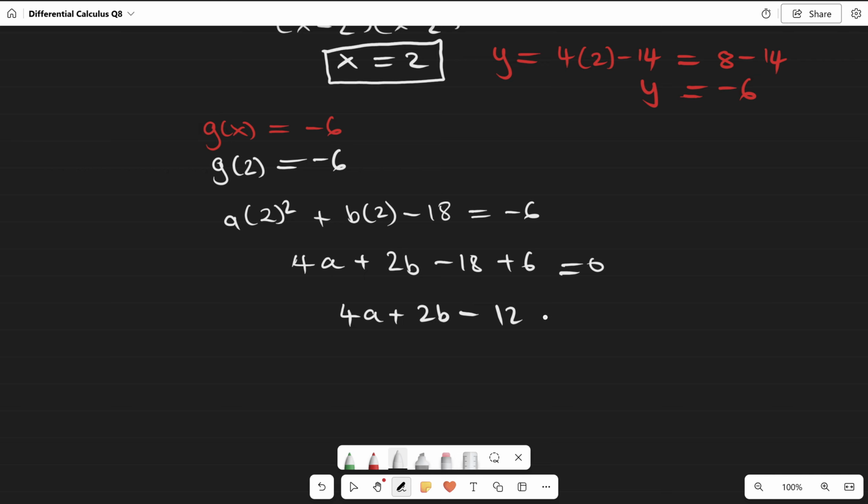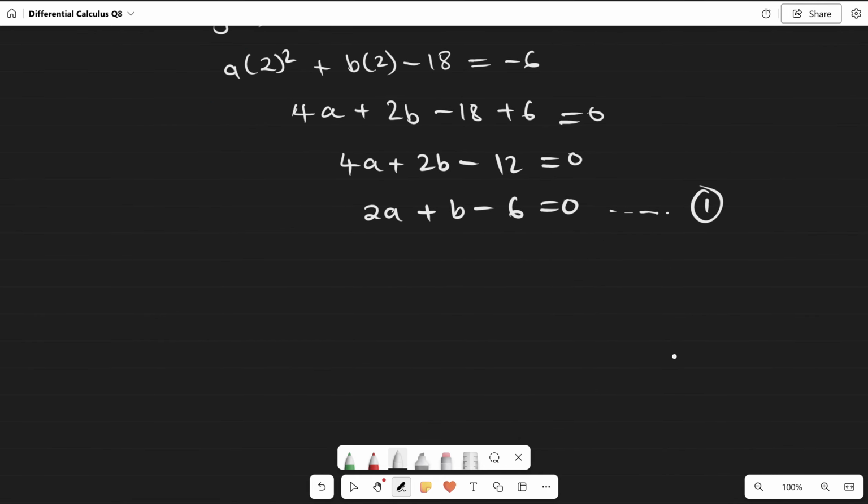Negative 18 plus 6 is negative 12. All of that equal to 0, right? So if we divide everything by 2 here, we're going to have 2a plus b minus 6 is equal to 0. So this is our equation 1, right? We're going to come back to this equation.